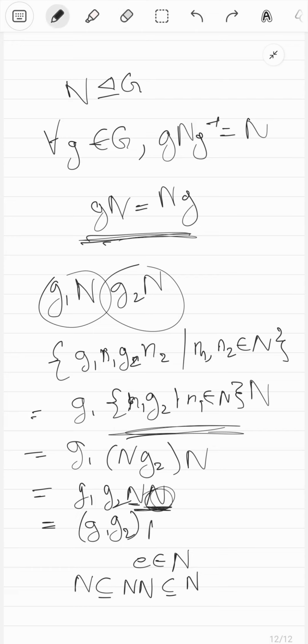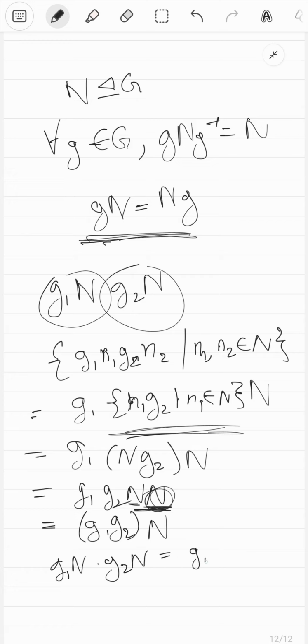And so multiplying two cosets suddenly makes sense now: g1N times g2N is just g1 g2 times N. Okay, cool.